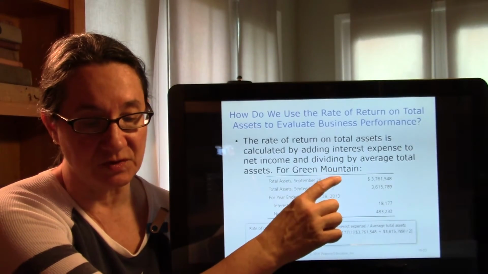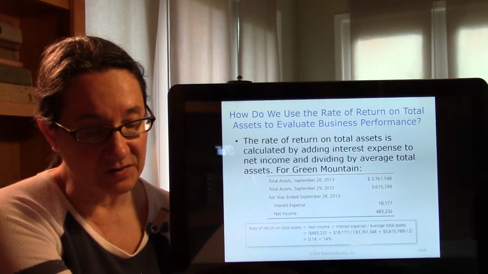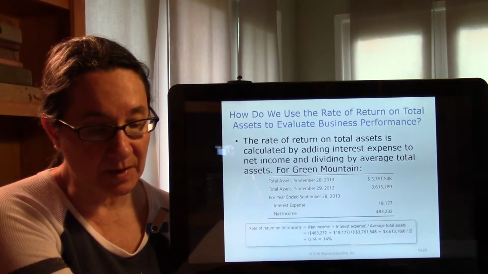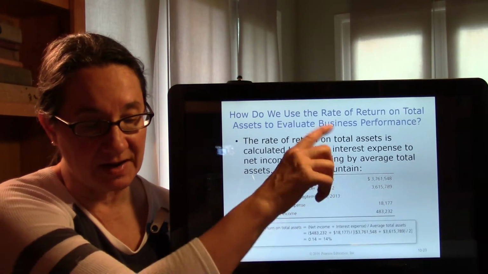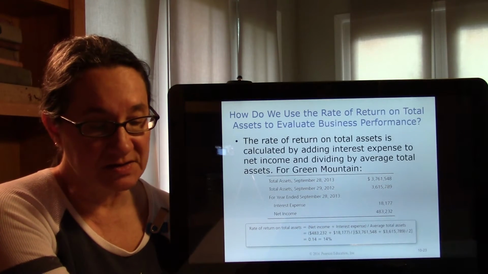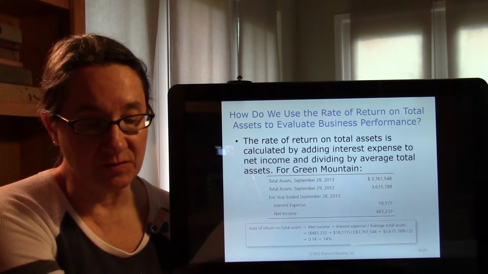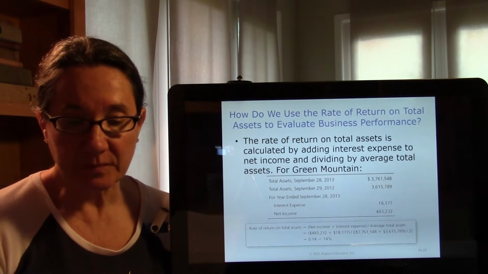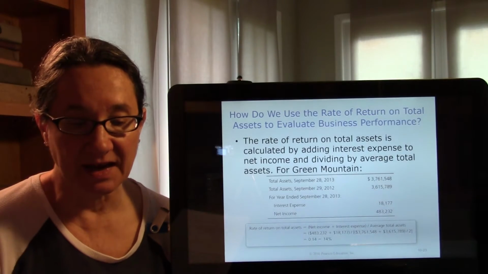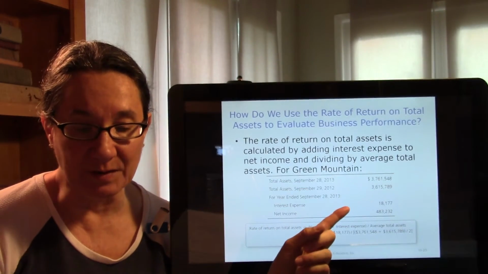Their beginning assets were $3,615,789, and so that's helping us come up with the average assets. You add those, divide by 2. That's their average total assets for the year. Interest expense, $18,177, and net income, $483,232. So you take all those items and figure out the rate of return on assets, and it is 14%.